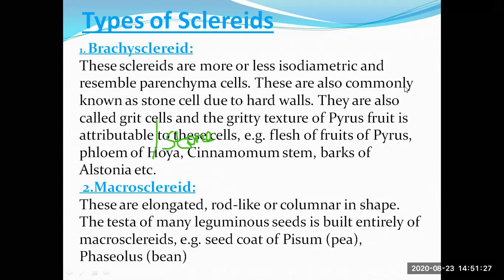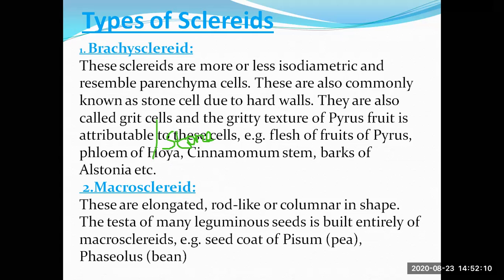Okay, so we will see this type of brachysclereids in the cortex, in the pith, or in the phloem of the stem, or also in the fleshy fruit coat. For example, the fleshy fruit coat of Pyrus. Example for phloem is phloem of Hoya, Cinnamomum stem bark, and also Alstonia bark.